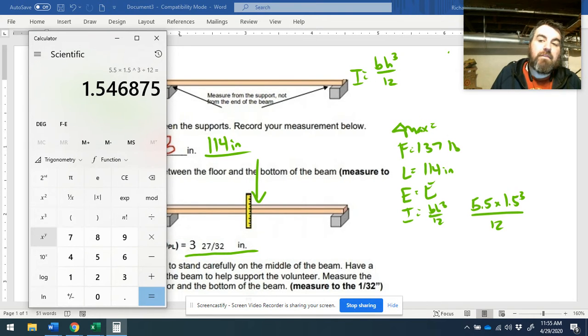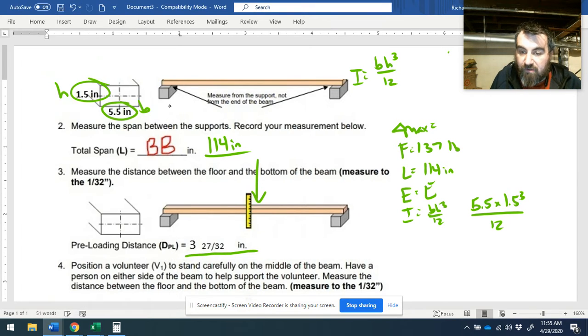And this is more sig figs than we need, but I'm going to leave them all because we haven't gotten to our answer yet. Generally you want to try to keep as many decimal points until you get to the answer, and then you round off. So 1.546875 is our answer there for I.